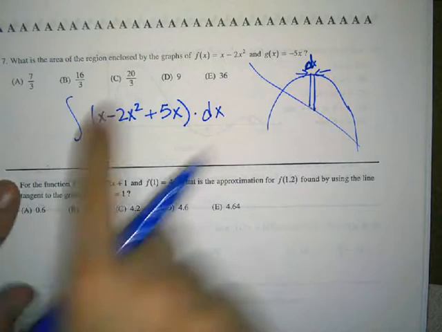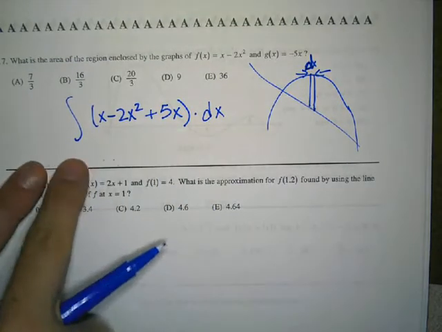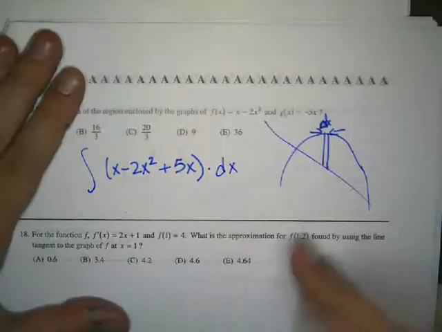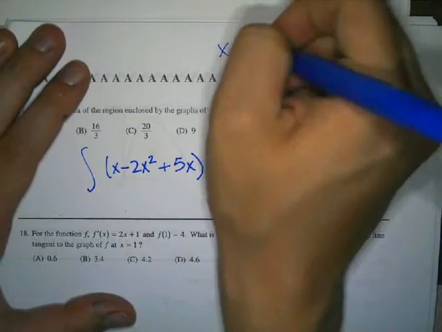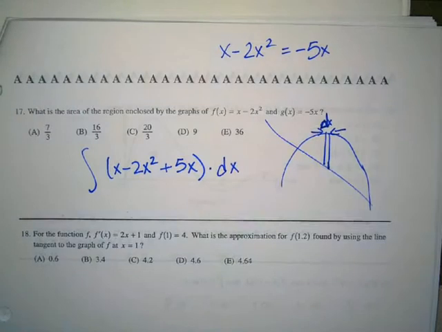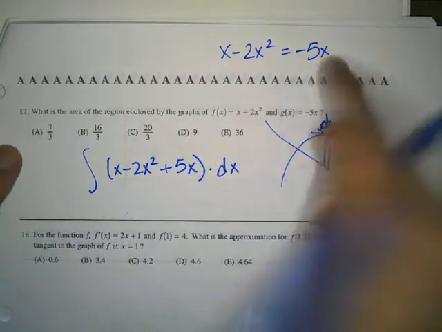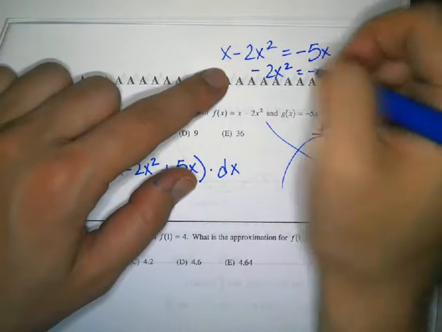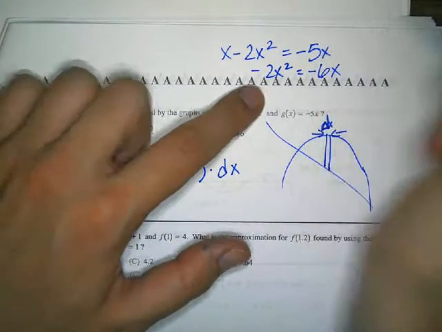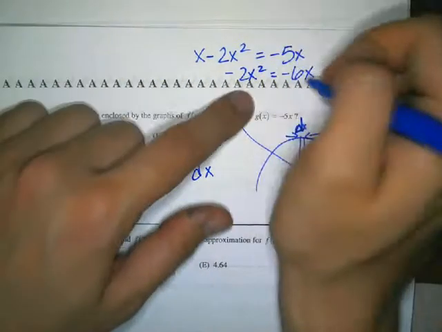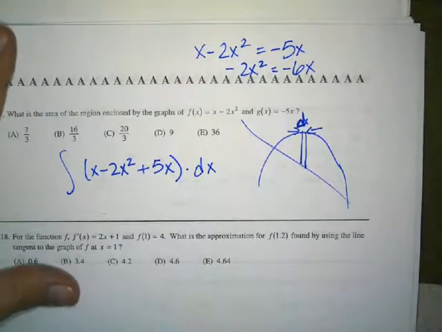Now I can simplify that a little bit before I integrate, but I need to find my limits of integration. If they're not given to you, how do you find them? Set the two functions equal to each other and set equal to 0 after you get it all on one side. I'm going to move everything over to the left because I'm going to have to be able to factor this.